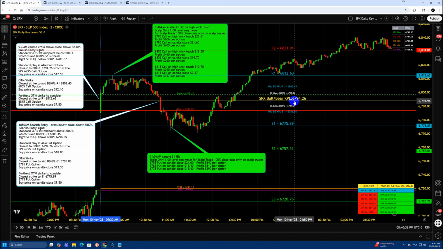In this case, the bull bear KPL 67.9426. So that's a 67.95 call option. The price on this candle close for the option was $17.55. So $1,755 would be the purchase price to purchase one of the at the money 67.95 call options.